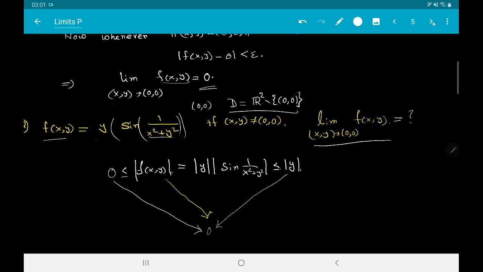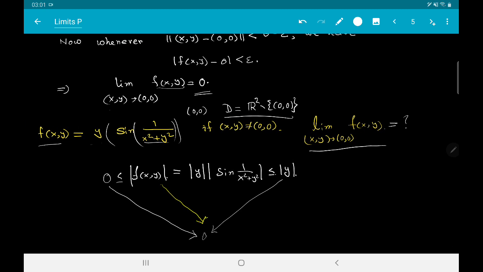Now the proof, or the answer, solution, whatever you want to say, is very easy. All we need to use is the fact that sine x, or sine z, or sine whatever, is always less than or equal to 1. So I start with modulus of f(x,y). I simply write it as modulus of y times modulus of sine of 1 by x square plus y square. As I said, this is always less than or equal to 1.